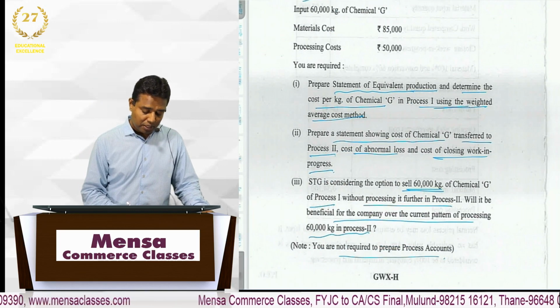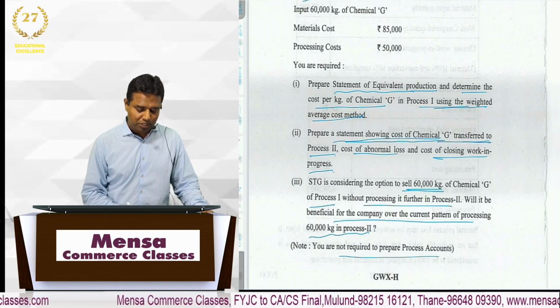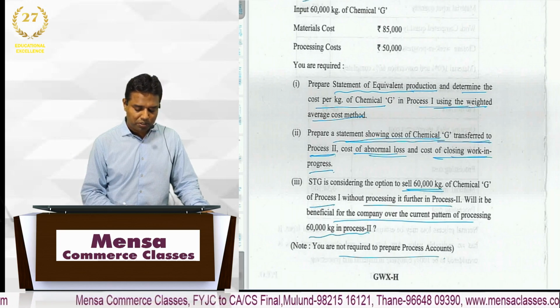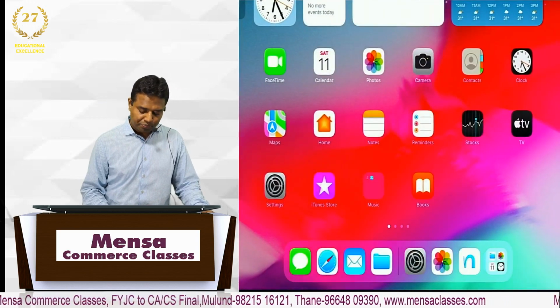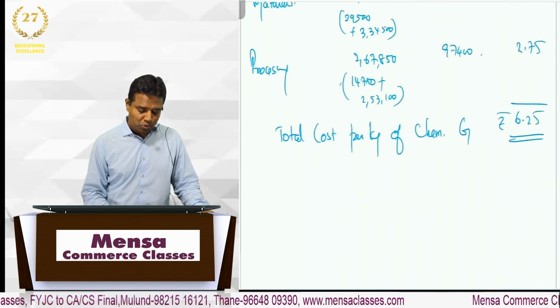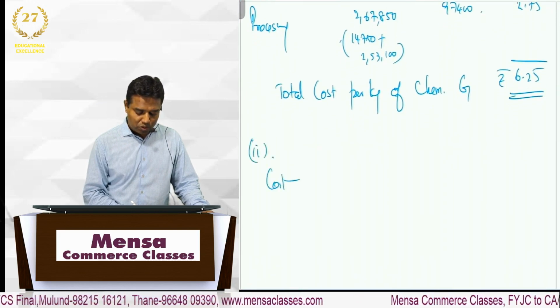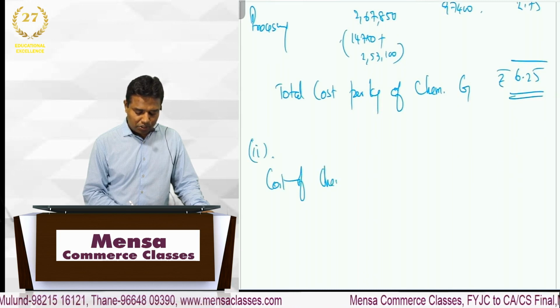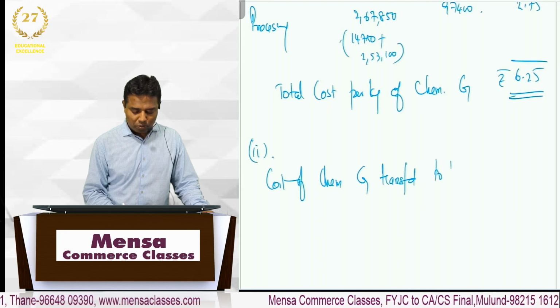Next is the statement showing the cost of material chemical G transferred to process 2, abnormal loss, and closing stock of WIP. So cost of chemical G which is transferred to process 2, sub question number 2.